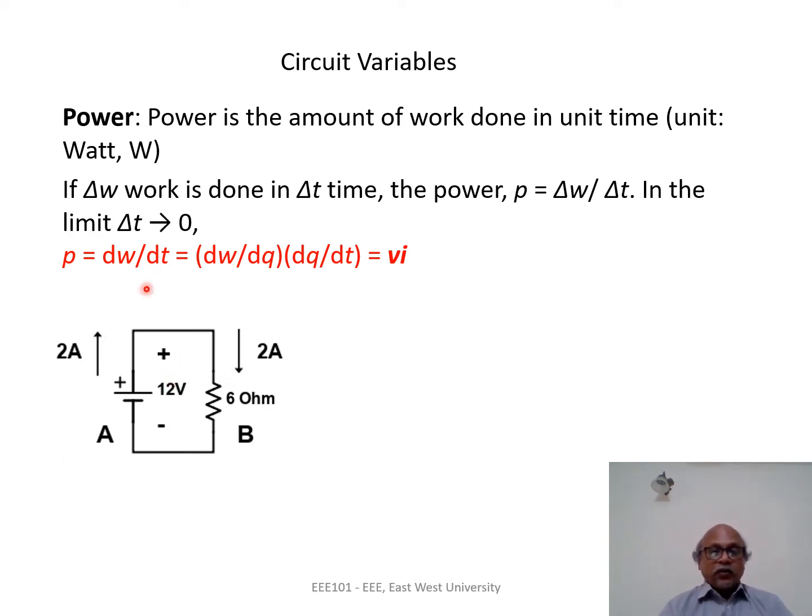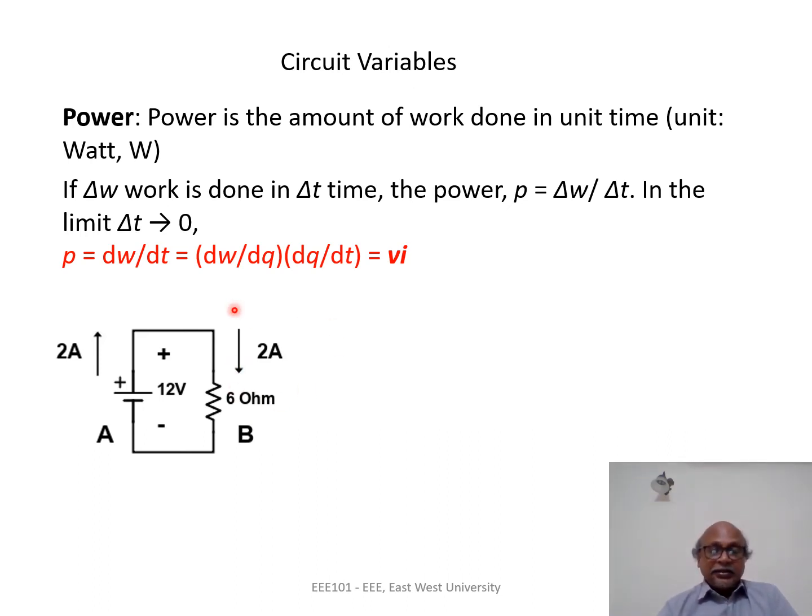We have a 12-volt battery which is connected across a 6 ohms resistance. I call the battery circuit element A and the resistance as circuit element B. Using Ohm's law, we can tell that the current through this 6 ohms resistance is 12 volt divided by 6 ohms, which is 2 ampere.